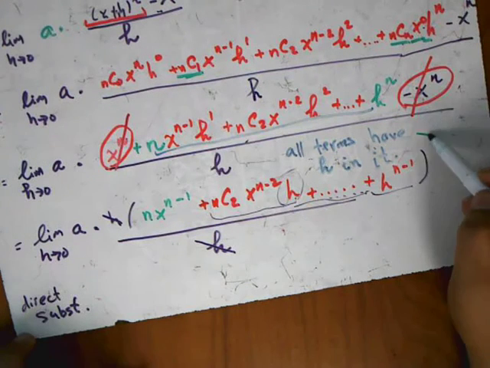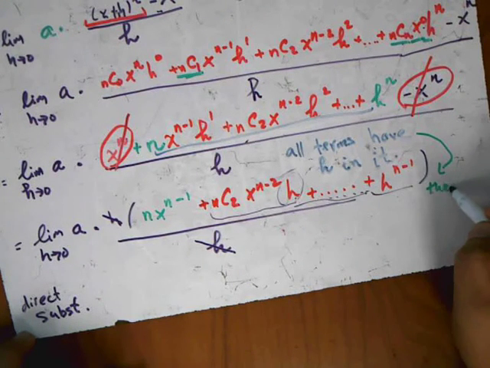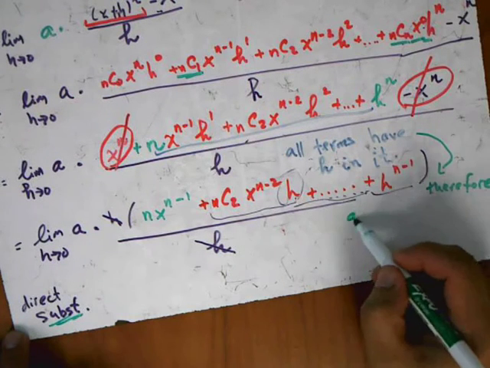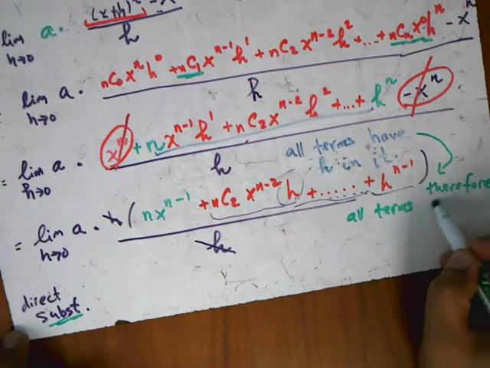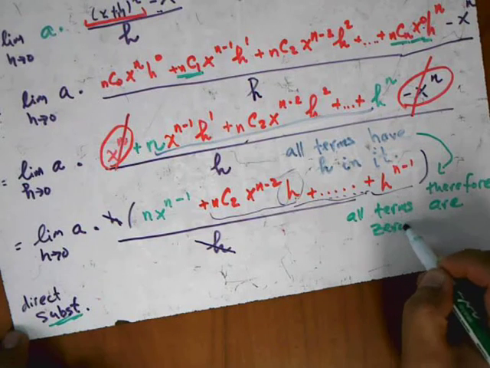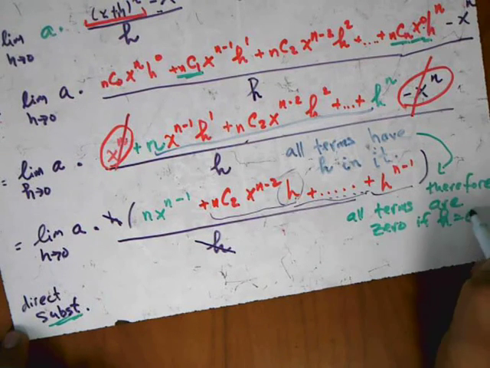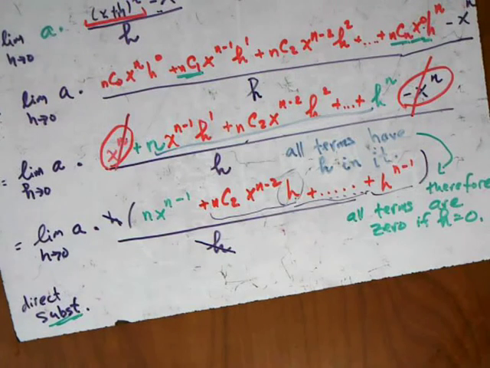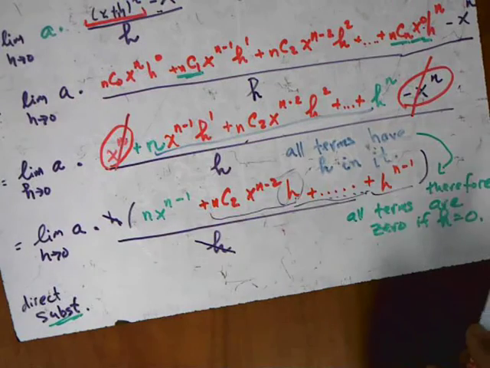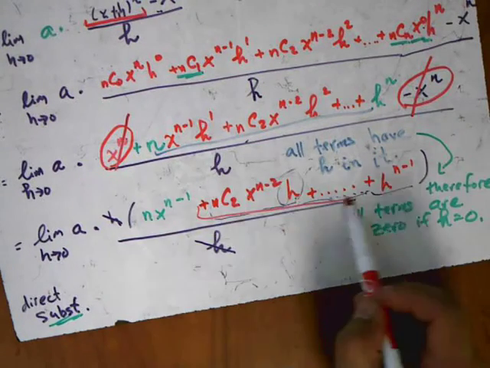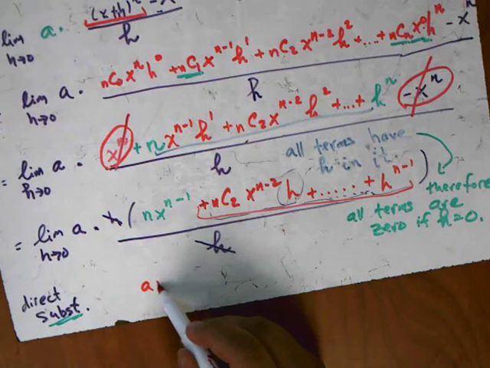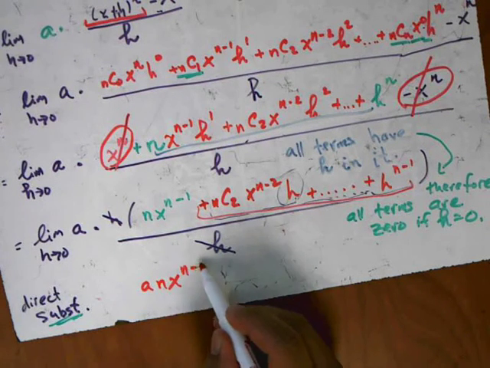So with direct substitution, all terms are 0 if h is 0. Everything here reduces down, all of this stuff is 0 now, and all we have left is n x to the n minus 1.